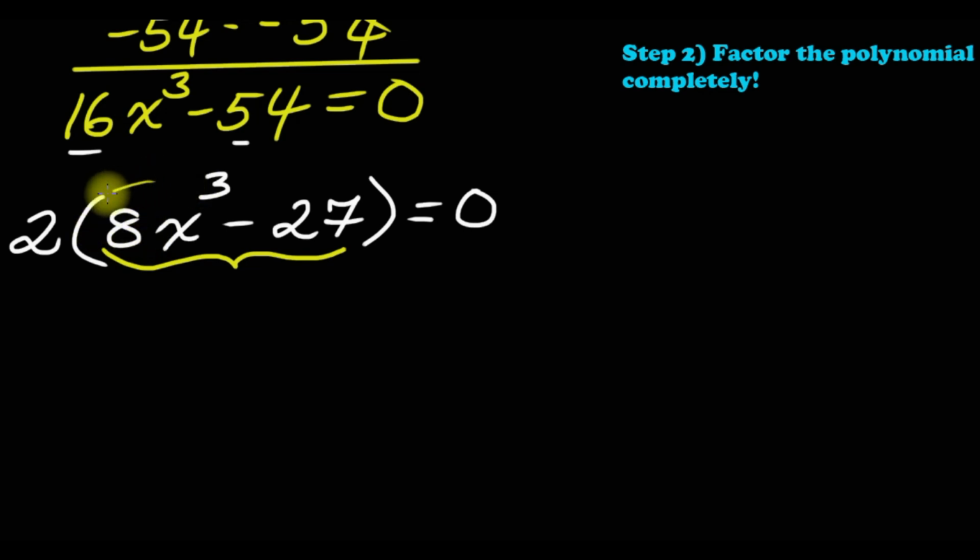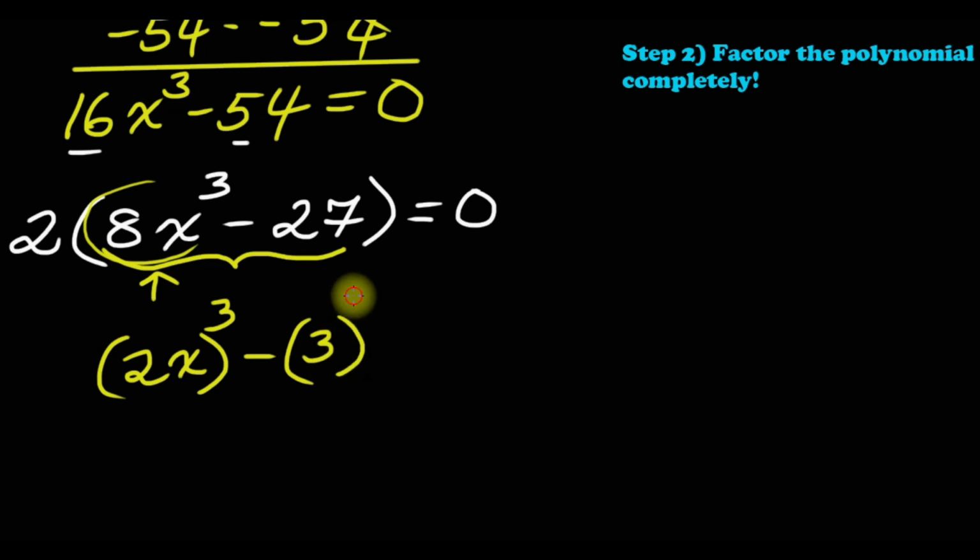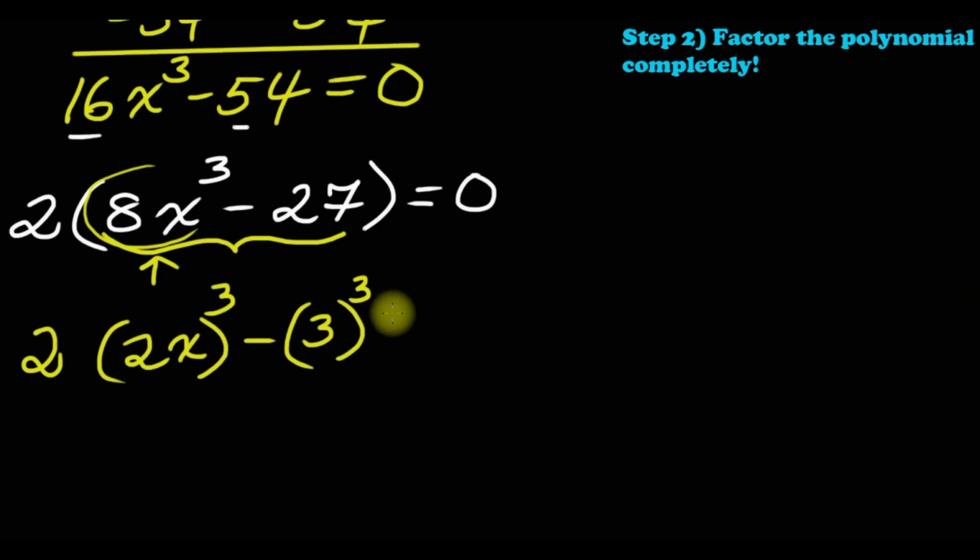So if I take the cube root of this, I'll get 2x. If I cube it, I'll get that. And then the cube root of 27 is going to be 3, and then 3 cubed is 27. And then bring down the 2. And then that whole thing equals 0.